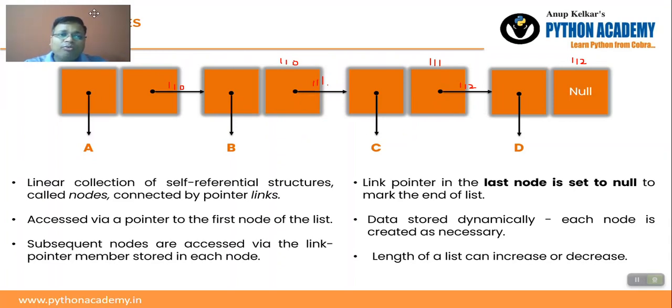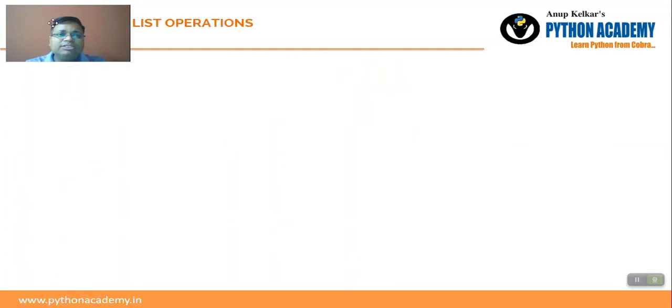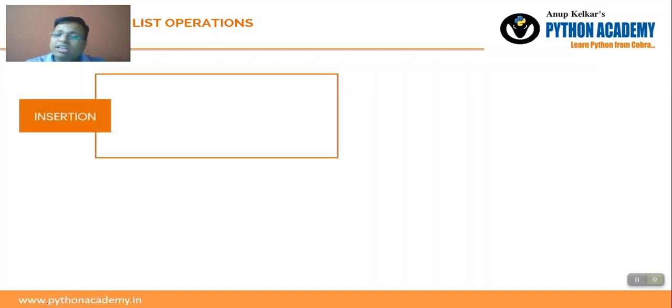Now we are majorly focusing on implementing the chain using Python. So let us see the various operations we can perform here. The list of operations in the singly linked list: the first one is insertion.